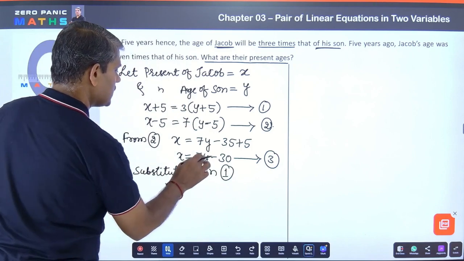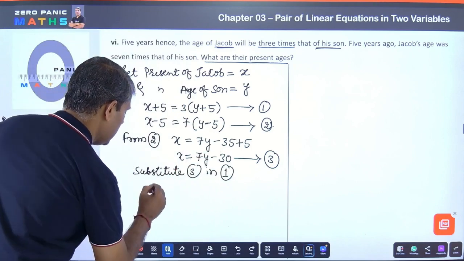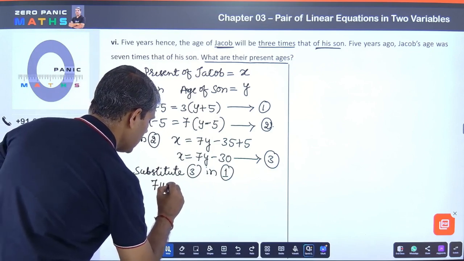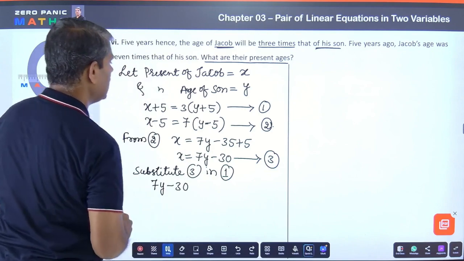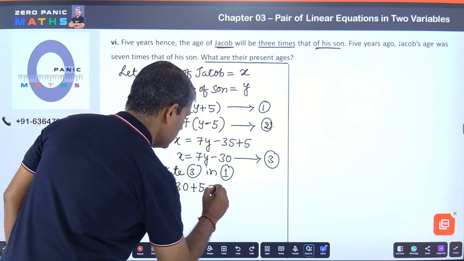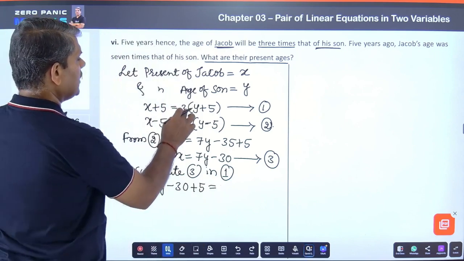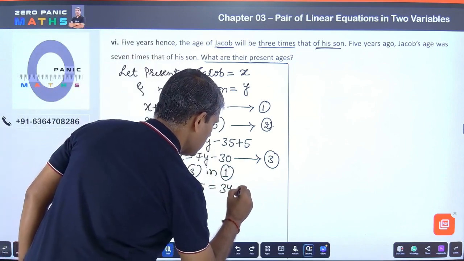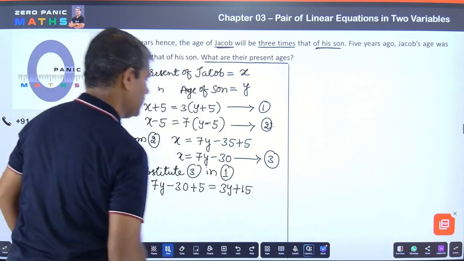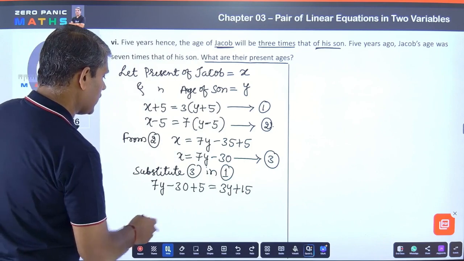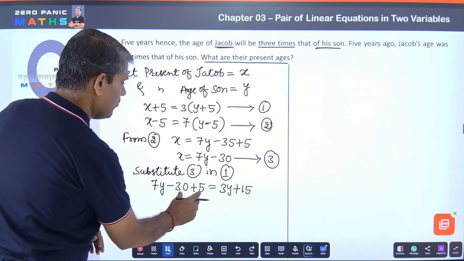So 7y minus 30, that is the x value, 7y minus 30 and plus 5 is 3y plus 15. I've multiplied 3 to that equation. Now this will be minus 25.